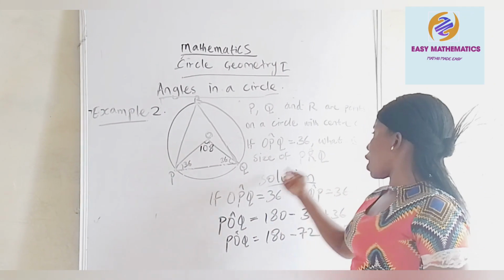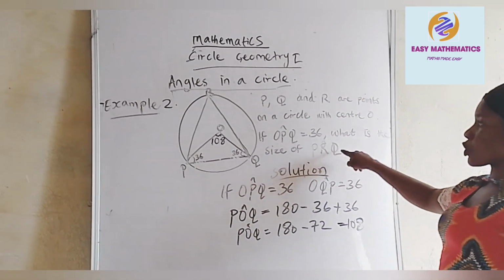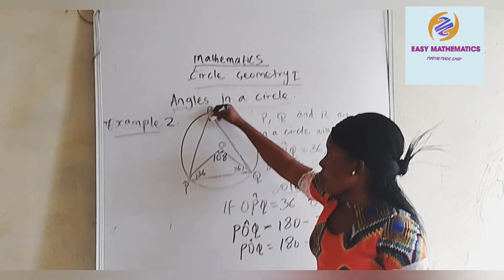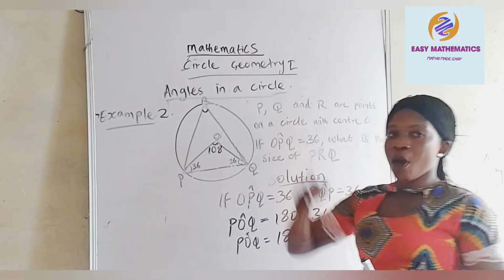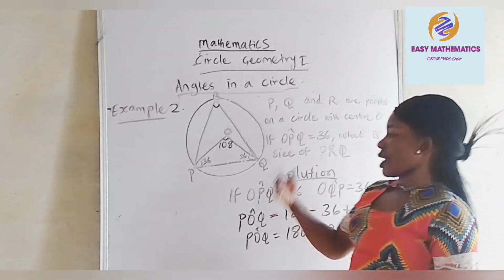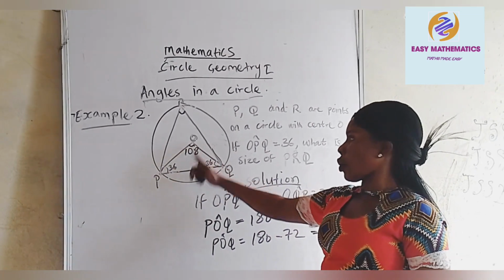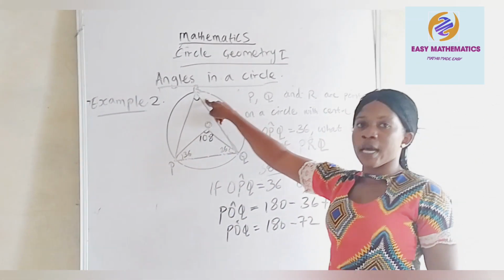But we have not gotten what they asked us. The question is to find PRQ. That is the angle here. The angle we are asked to find is this angle here. So how do we get this angle? Now we remember our theorem, theorem 2, that says that the angle suspended at the center of the circle is twice the angle suspended at any point on the circumference.